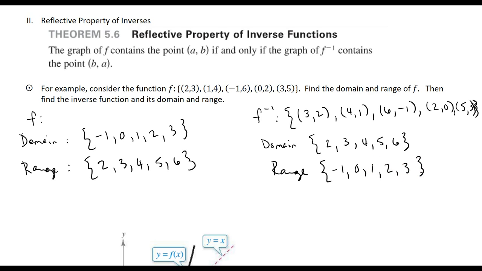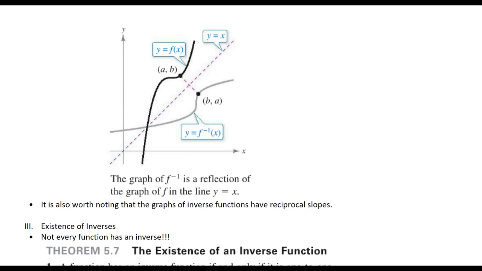So you can see that they do swap places. Now, because the ordered pairs swap places, basically what's going on, if you know the graph of f of x, you can find the graph of f inverse of x by swapping all those ordered pairs, swapping the x and y.